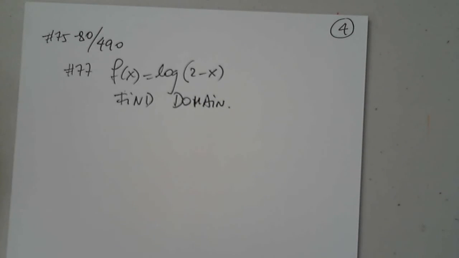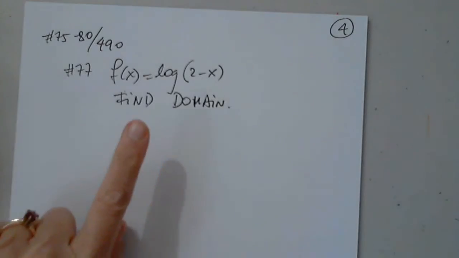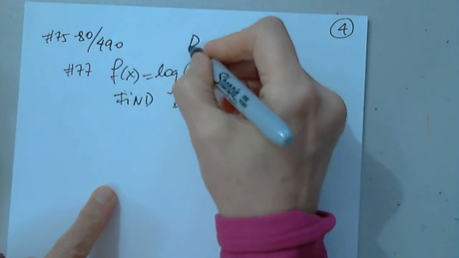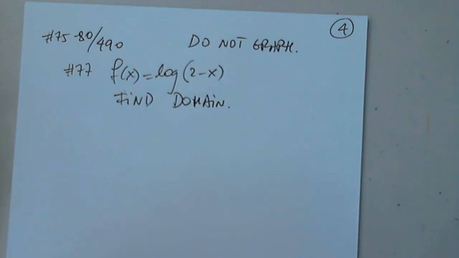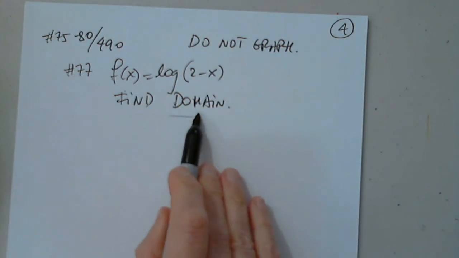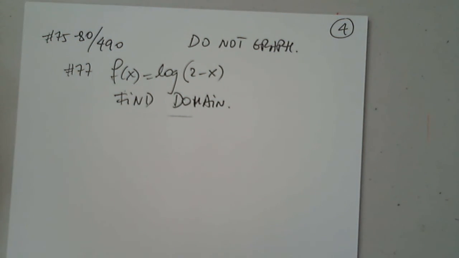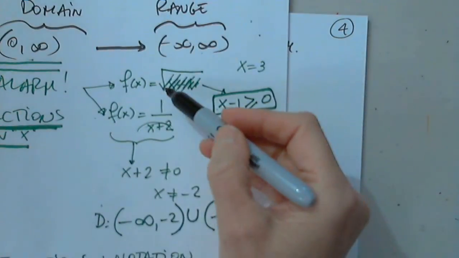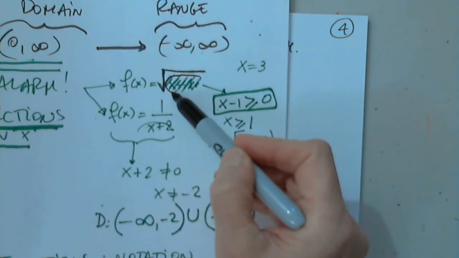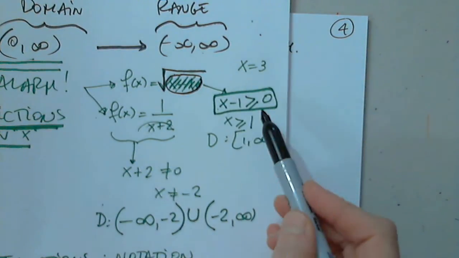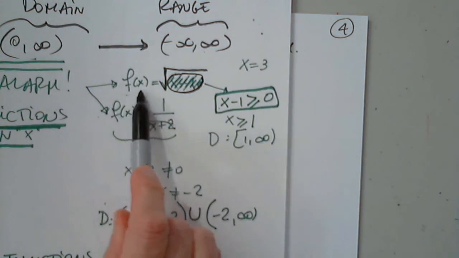Is it moving up 2x? No, we're not graphing. Do not graph. We are only interested in finding the domain. Let me refresh your memory before you say anything else. For such a function, we wrote that this quantity had to be greater than or equal to 0 for the function to be real.